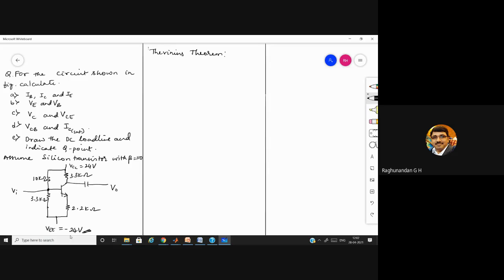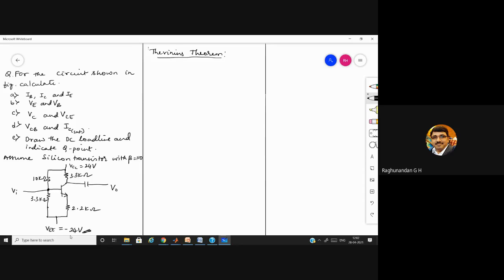We need to find the equivalent voltage and equivalent resistance. Then we can proceed. So now we are making this complex circuit a simpler circuit.